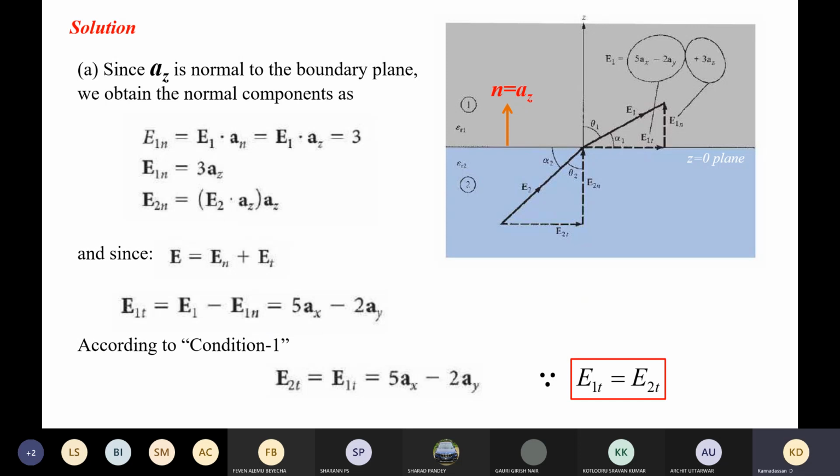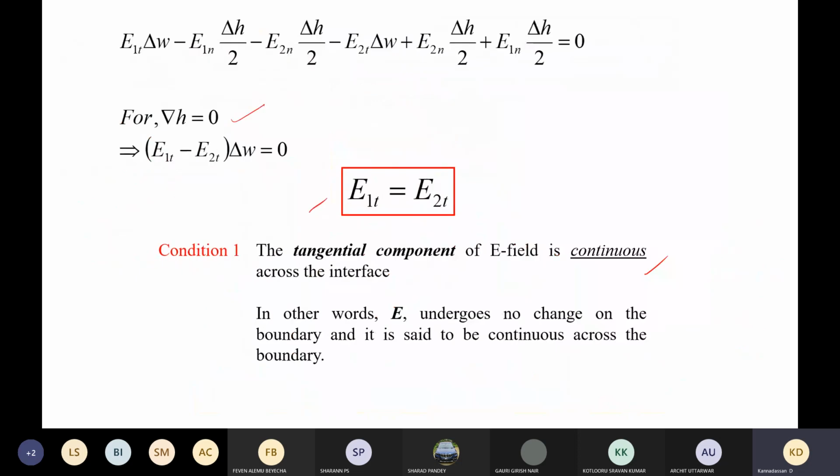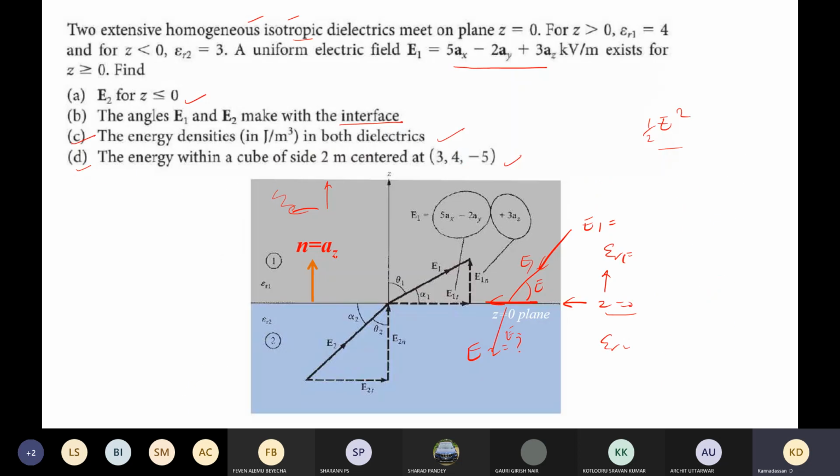Okay, the very first thing we have to do is that all these boundary conditions are written in terms of the tangential component and the normal component. So for this case, we're supposed to divide the given input into the normal component and the tangential component. Therefore, we're supposed to know what this normal component is.